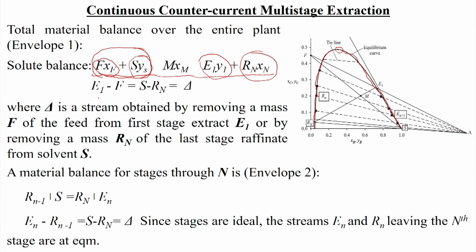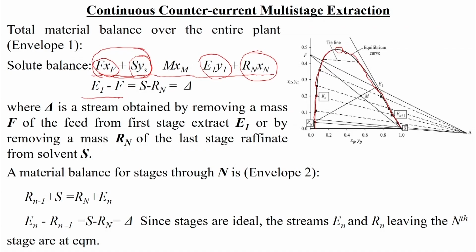So, whenever we do this, if we say E 1 minus F, in any of the stages, what is the resultant of the flow rate? That is nothing but E 1 minus F, and then S minus R n. So, we will always get a common factor like this.